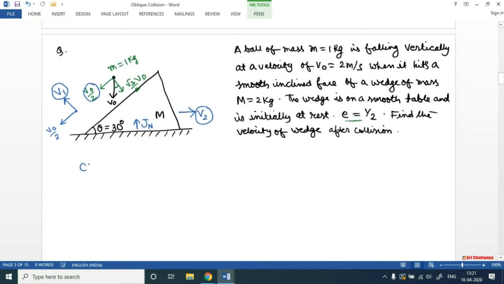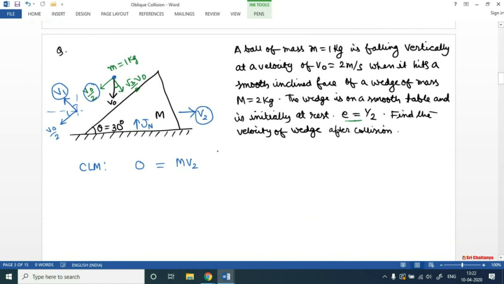So the conservation of linear momentum equation we write along the horizontal direction. The initial linear momentum of the ball just before the collision along the horizontal direction is 0. After the collision, the linear momentum of the wedge is M v2, and for the ball, this angle here is 30 degrees, and this angle here is 30 degrees as well.